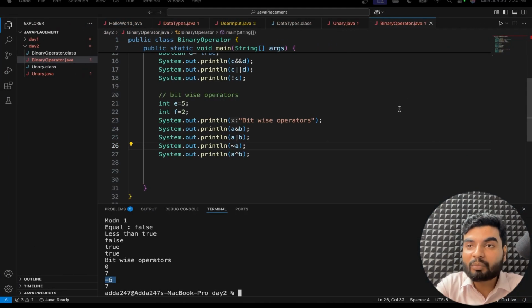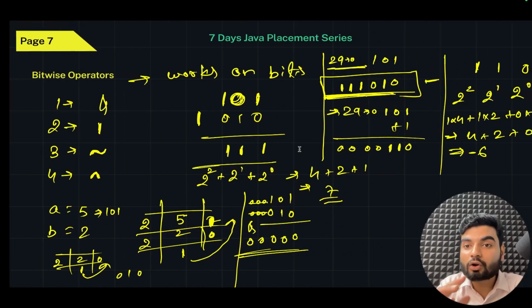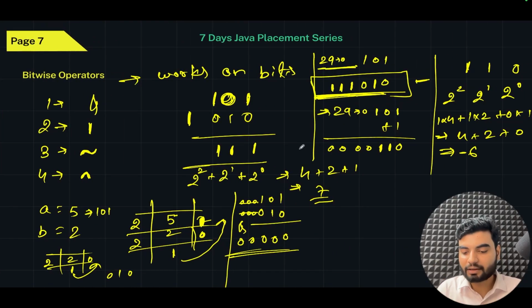It may be complex to understand, but it's important. So now look at this, it is coming as -6. But understand it thoroughly. You have to do one's and two's complement. Here what we did, we performed the NOT operator, and we assumed that it's a 32-bit system.